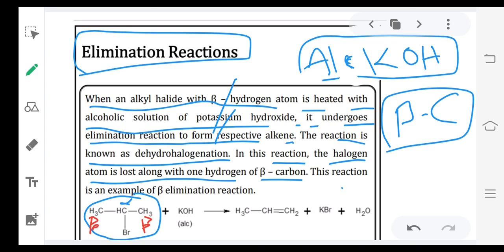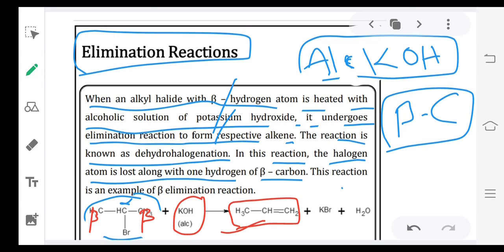Two beta carbons. Here we are using alcoholic KOH. You have to remove one halogen and one hydrogen: the halogen from the alpha carbon and the hydrogen from any one of the beta carbons. Here both beta carbons are CH3 groups. We can remove from any one, and you will get the same product. So now you will get the product CH3CH=CH2. This is propene. So propene is the product.